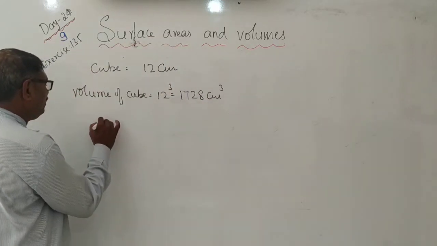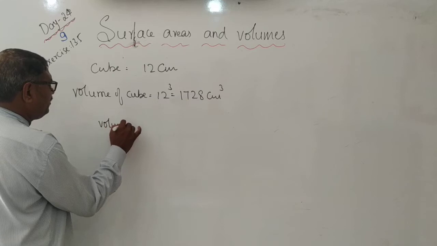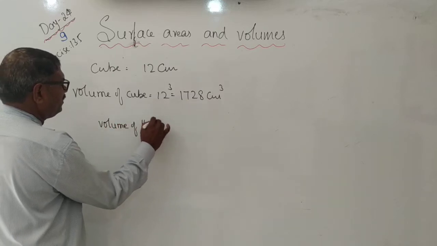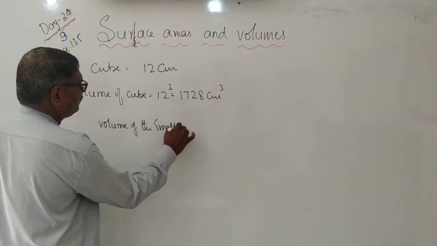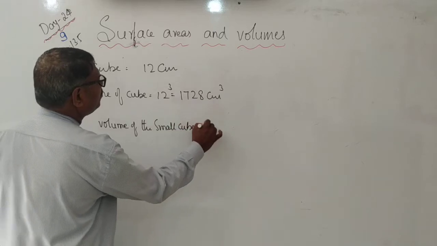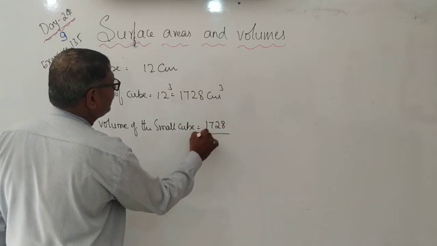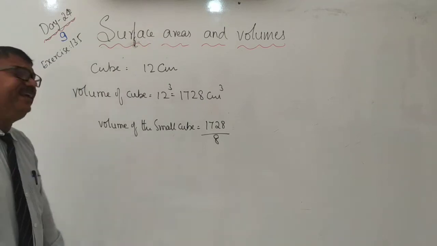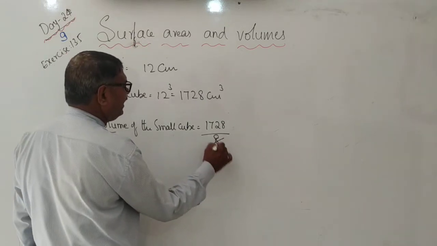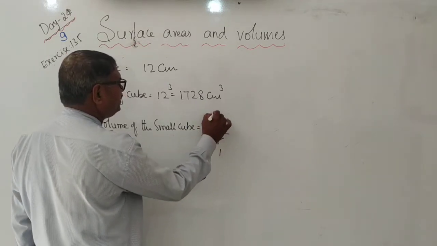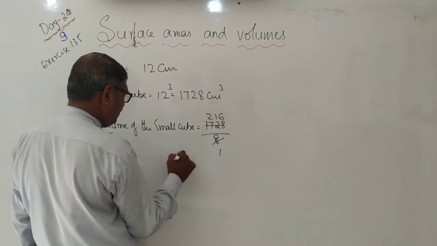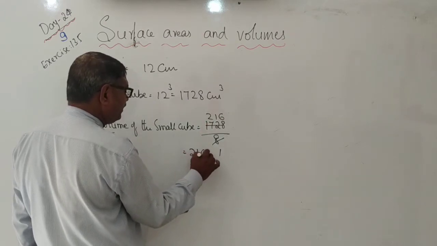Now we can find out the volume of the small cube, which is equal to 1728 divided by 8. Very simple. 8 ones are 8, 8 twos are 16, again 8 ones, 8 sixes are 48. Therefore, volume how much?